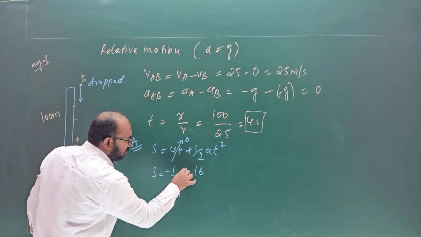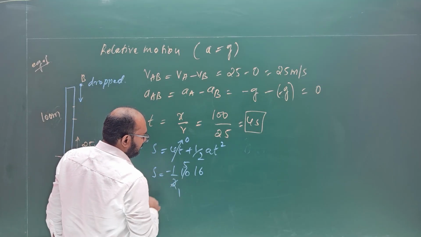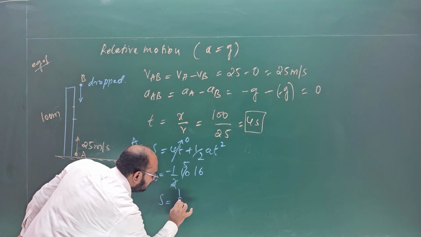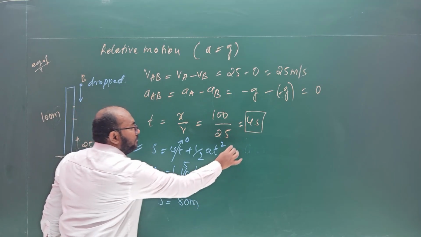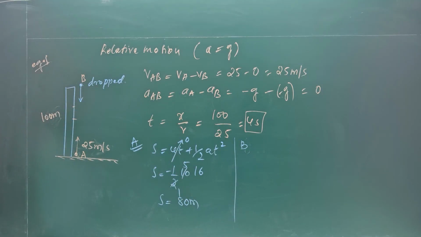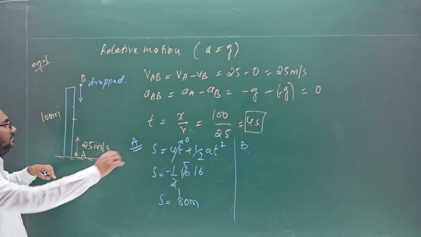Half of 10 is 5, 16 fives are 80. So S is 80 meter. That means if B is at 80, A position should be 20, because total distance is 100. Sorry, we are talking for B now.